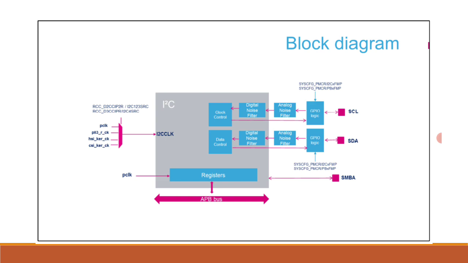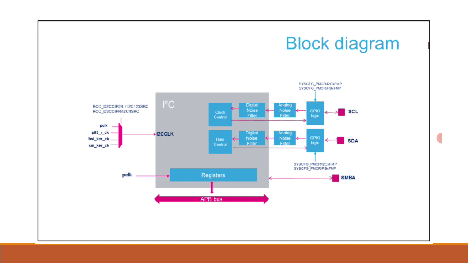Analog and digital noise filters are present on SCL and SDA lines. A 20 milliamp driving capability is enabled using the control bits in the system configuration registers. You can see on the right top. In addition, an SMBus alert pin is available in SMBus mode.